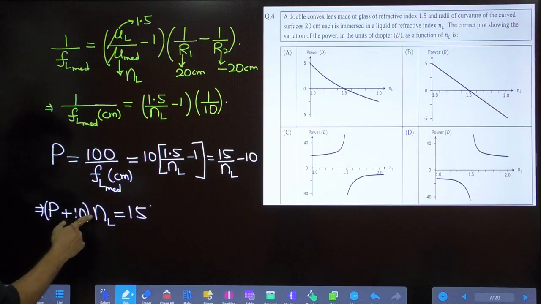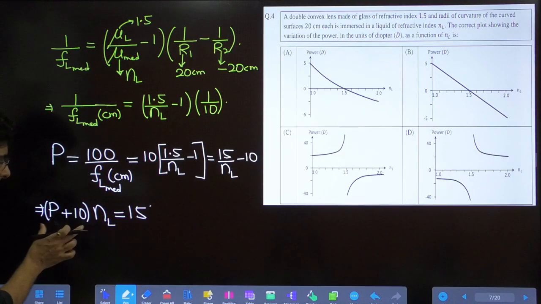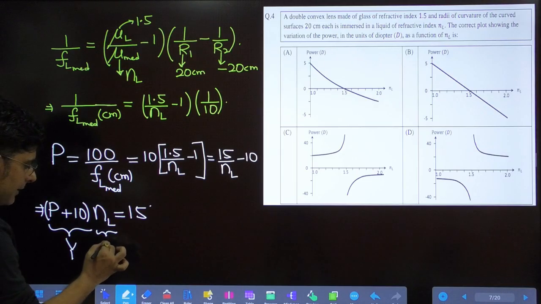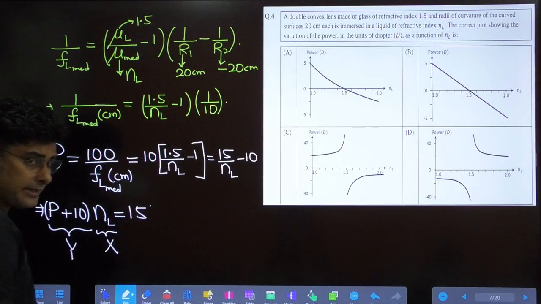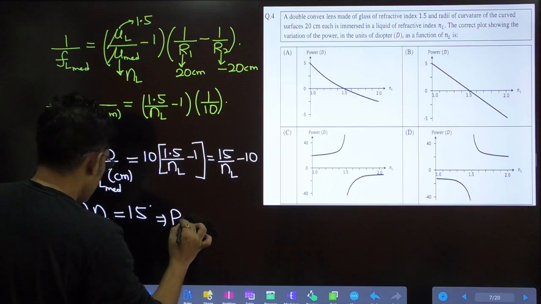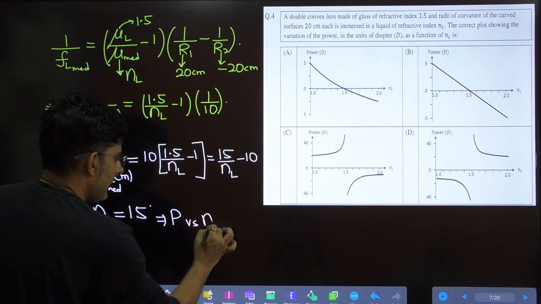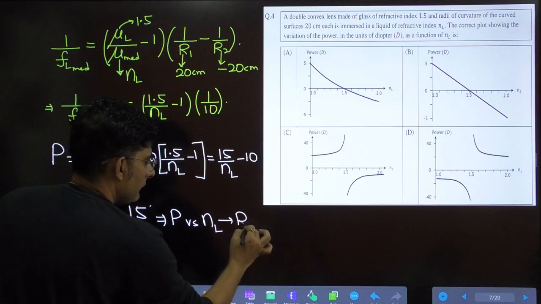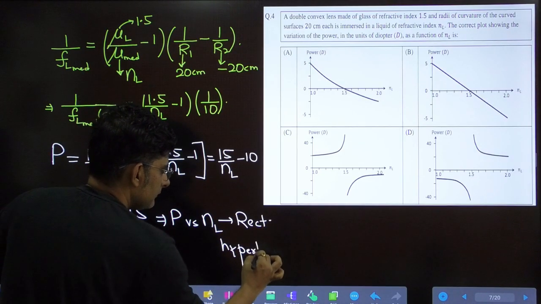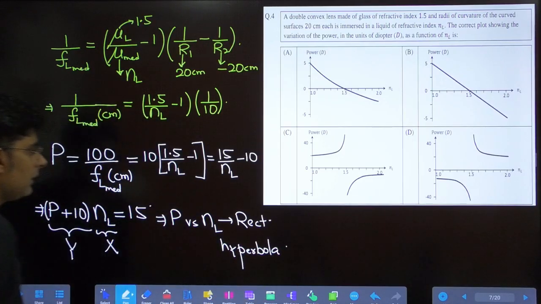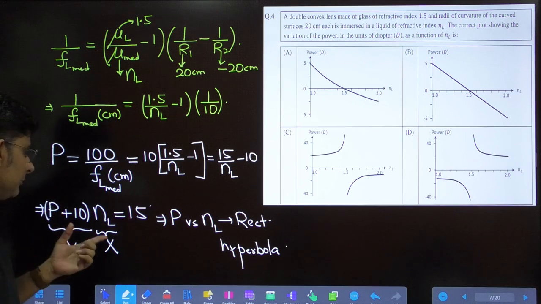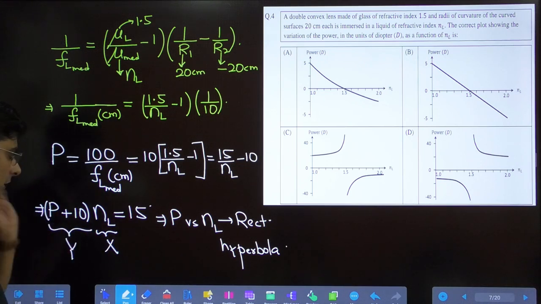Now if you see P plus 10 into NL is 15, if you take this as capital Y and this as capital X, so XY is constant, so this means we have P versus NL graph will be a rectangular hyperbola. So this will be a rectangular hyperbola, and what will be the asymptote? What will be the asymptote here?